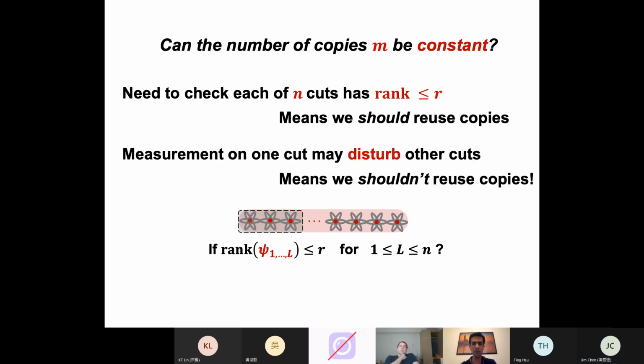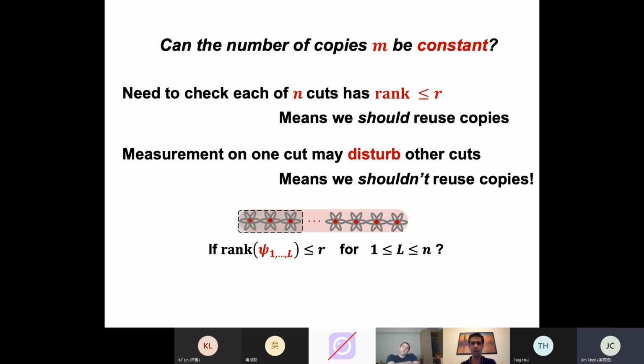But then we also know that measurements in quantum mechanics are destructive. And the measurement we perform for checking one cut could potentially disturb the outcome of checking the rank, or the bond dimension, of the remaining cuts. So this suggests that we shouldn't reuse our copies.